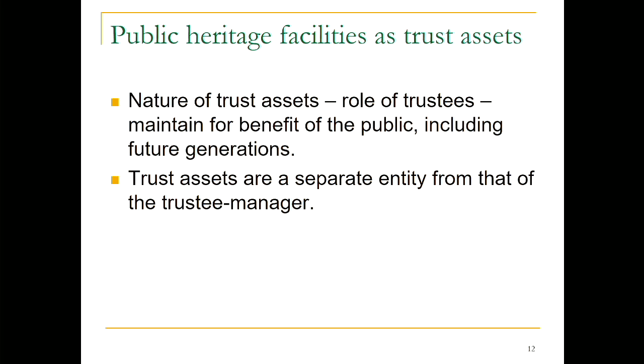Barton's article suggests an alternative way of accounting for these types of facilities. The suggestion is to treat these types of assets as trust assets, where the entity which manages these assets plays a role as trustee.